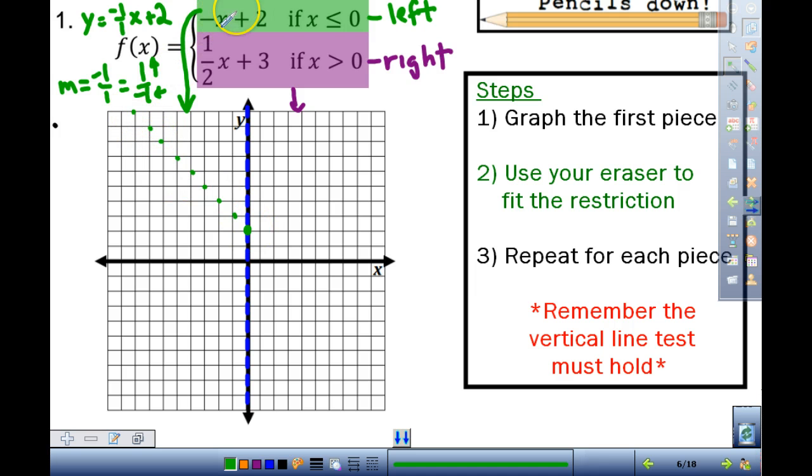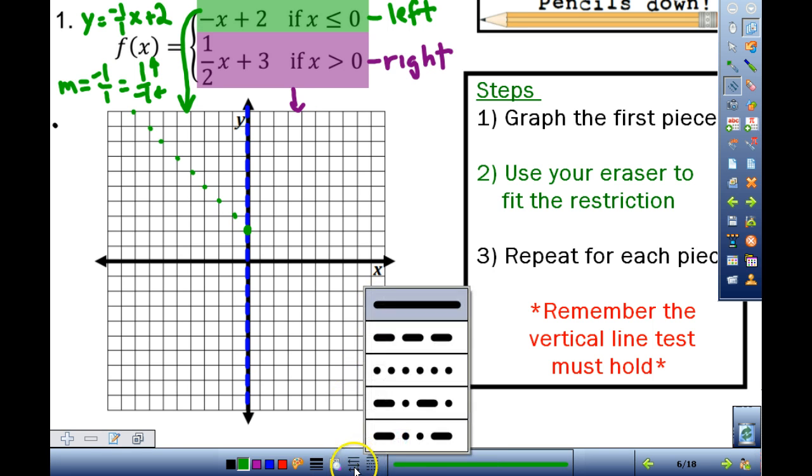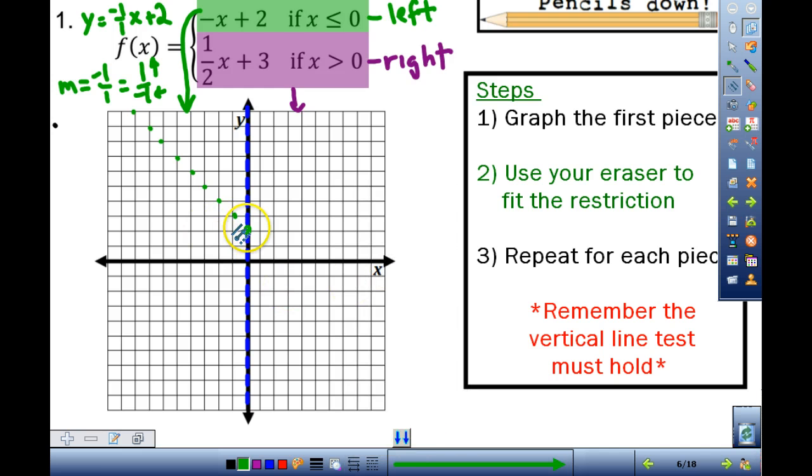Just as I wrote out in the beginning, this graph should be on this side. And there we go. Use a straight edge and draw the graph.